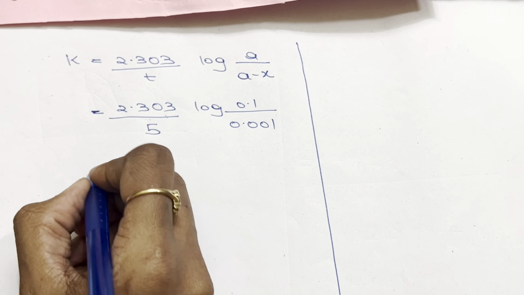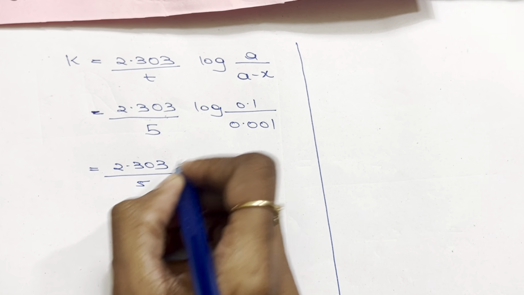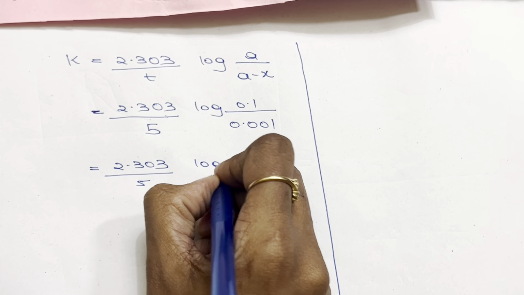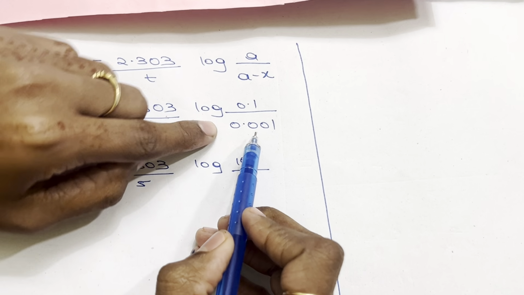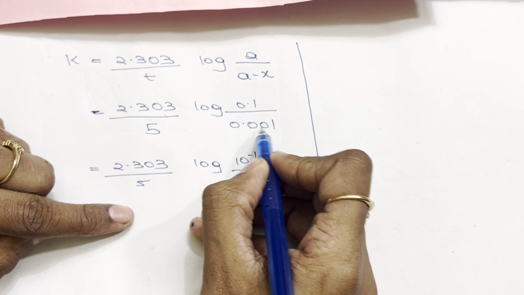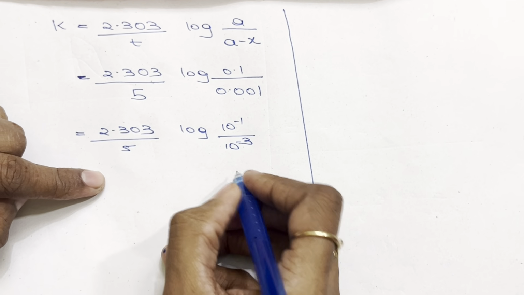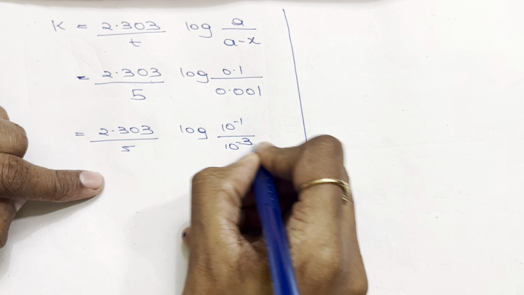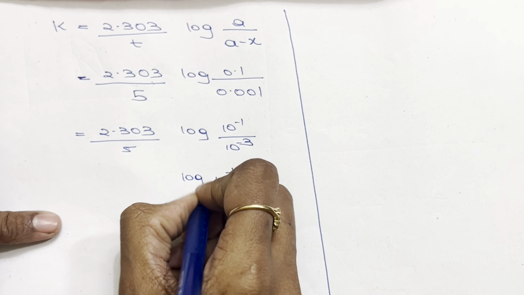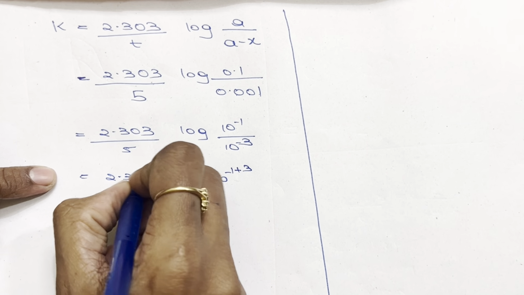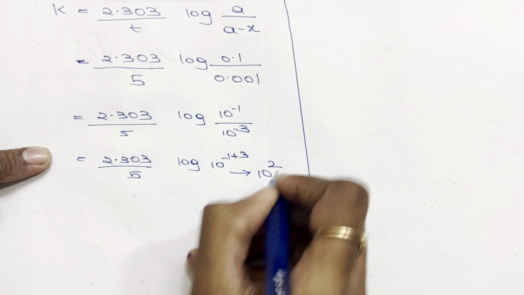Now let us solve the equation. We take 0.1 as 10 to the power minus 1, and we take the final concentration as 10 to the power minus 2. Now, 10 to the power minus 1 when it goes upwards becomes 10 to the power plus 2. So we have 2.303 upon 5 times log of 10 to the power 2.